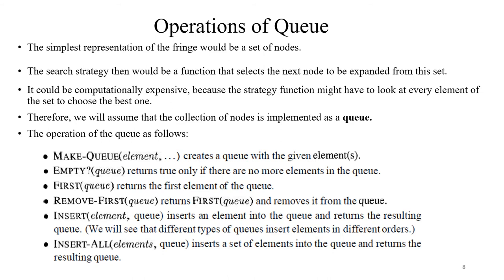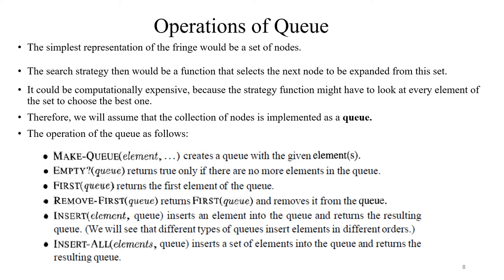In the previous slide, we defined fringe as the collection of nodes that have been generated but not expanded. To represent fringe, we need a set of nodes. The search strategy is a function that selects the next node to be expanded from the fringe.